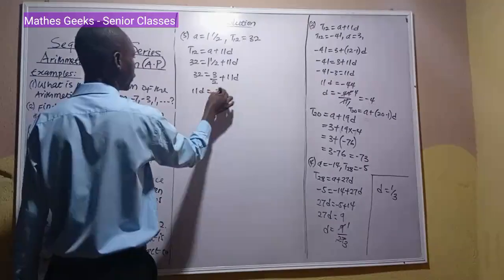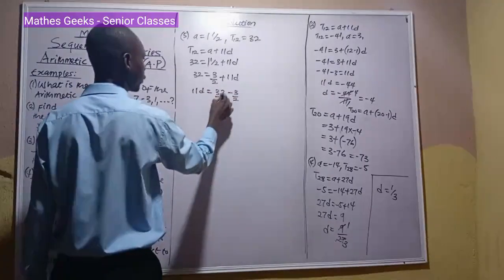We bring this to this side: 11D is equal to 32 minus 1 over 2.